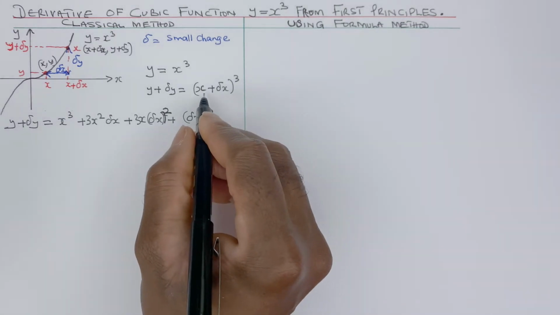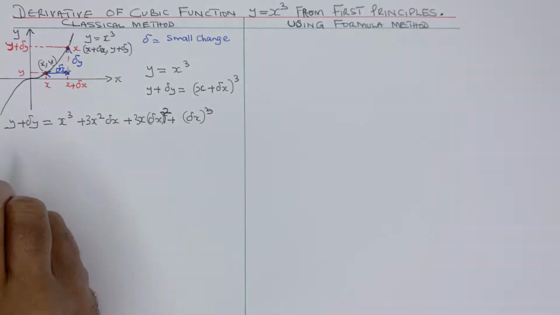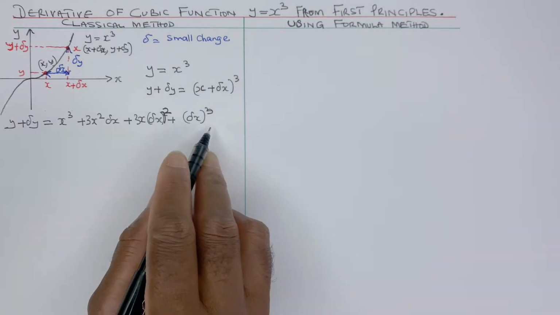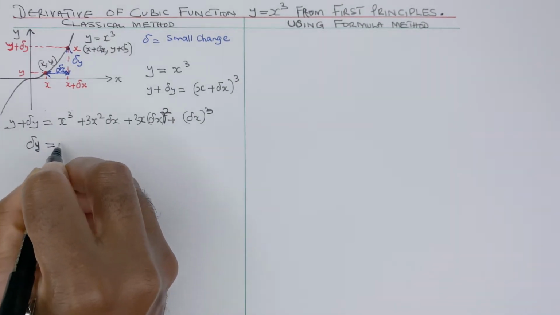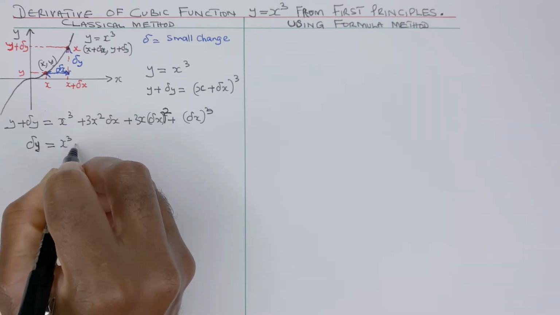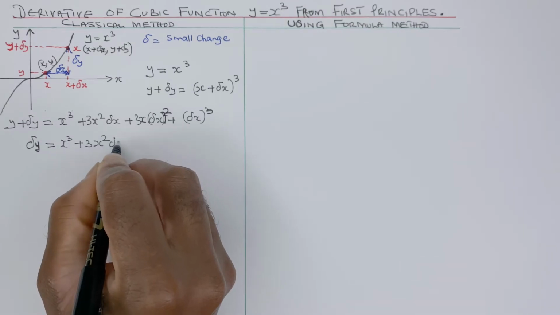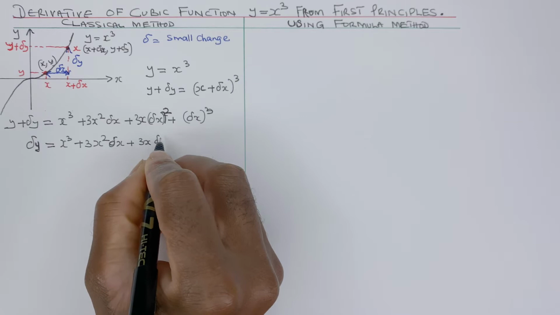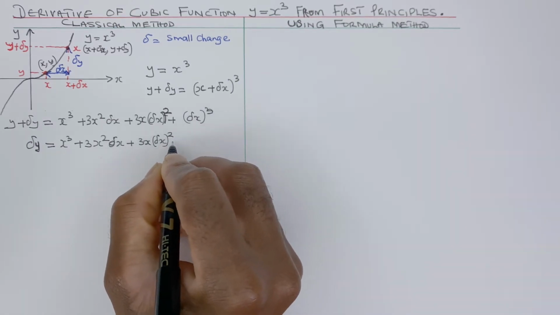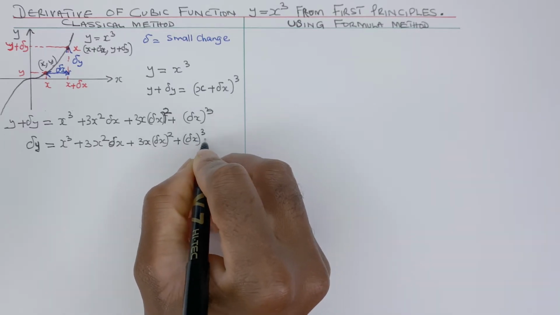That's the expansion for x plus delta x cubed. Now I need to take y to the other side. So we get delta y equals x cubed plus 3x squared delta x plus 3x delta x squared plus delta x cubed minus y.